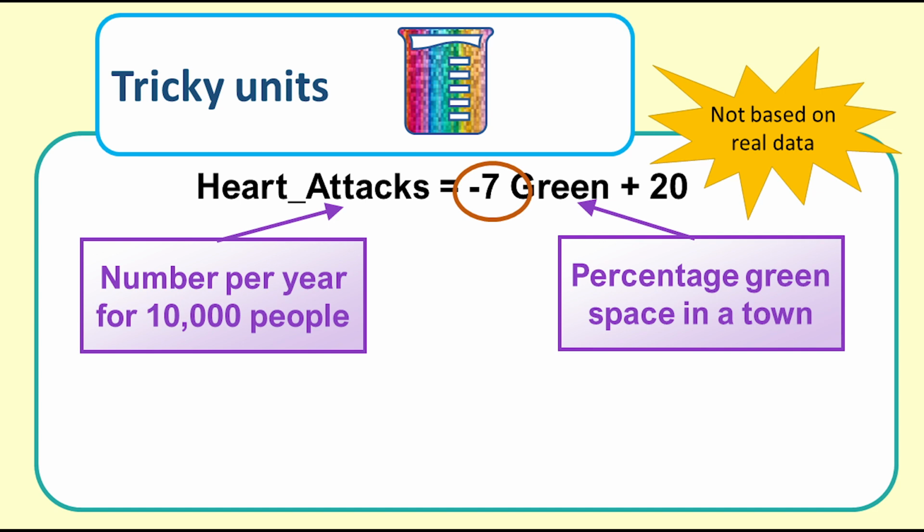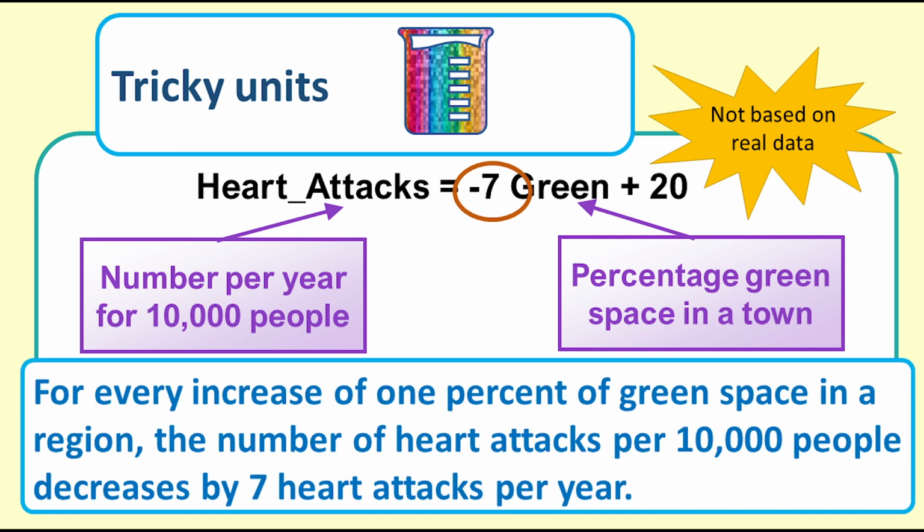That would be interpreted that for every increase of 1% of green space in a region, the number of heart attacks per 10,000 people decreases by 7 heart attacks per year. Note that the green space is not increasing by 1%, but rather the percentage of green space is 1% higher, for example, going from 4% to 5%. Similarly, the number of heart attacks is not going down by 7, but rather by 7 for each 10,000 people in the area.